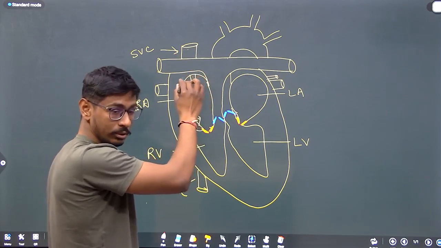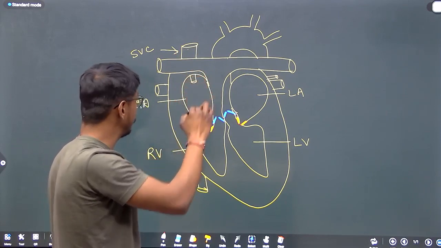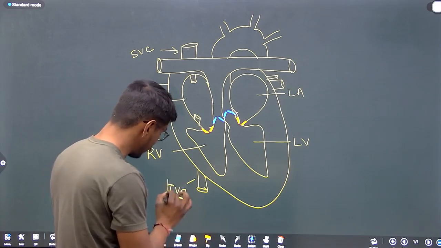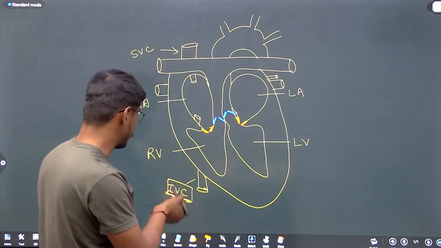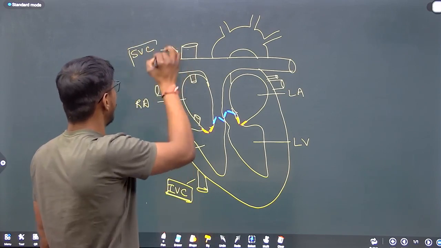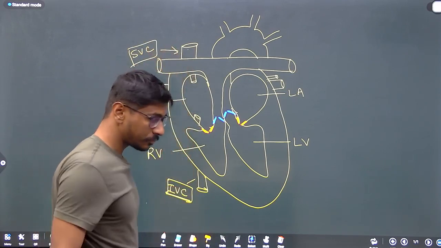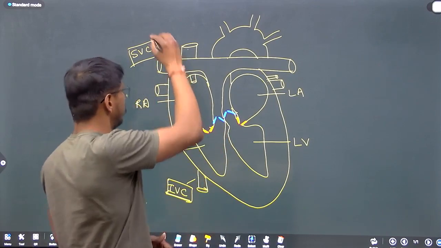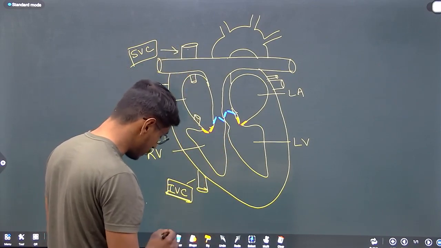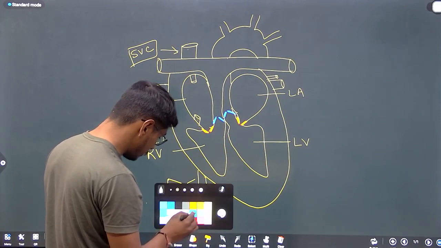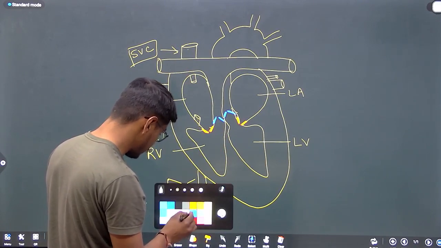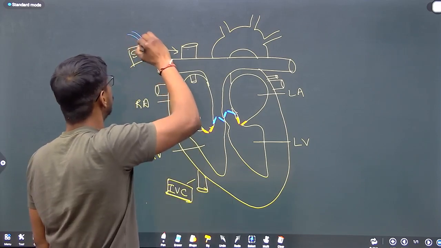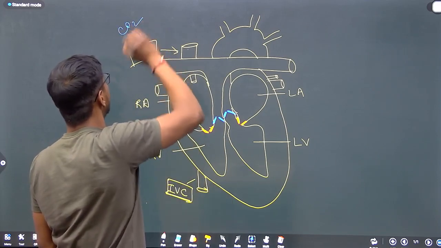So these two are opening into the same right atrium. These two veins, SVC and IVC, both carry blood which contains CO2. So let me draw it, so yeah, they have CO2-containing blood.